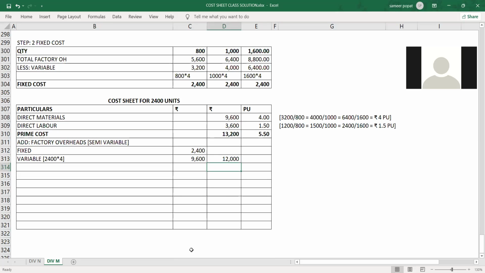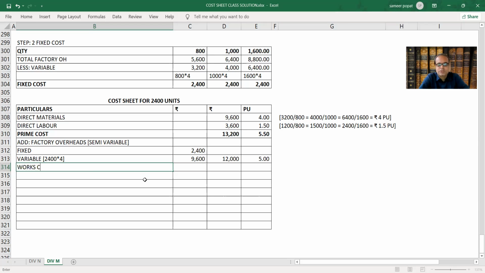Yes, sir. Now let us divide it by 2,400. We'll get per unit. Now, if we add prime cost with factory overhead, we'll get works cost. Divided by 2,400, we'll get per rate cost.